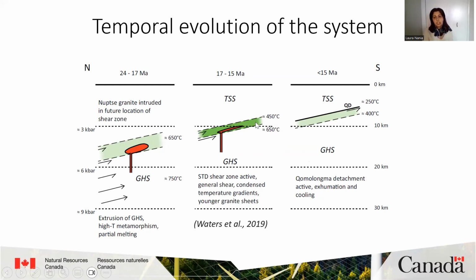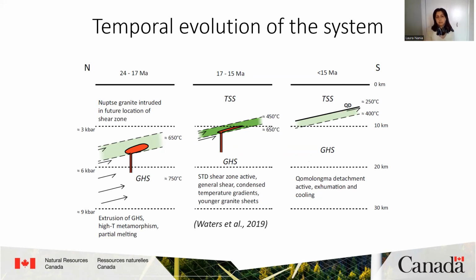After that, younger than 15 million years, we have the localization of the upper brittle faults, which in the Everest case is just within limestones at higher structural levels.